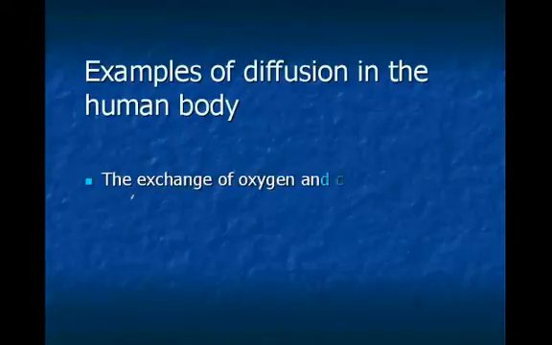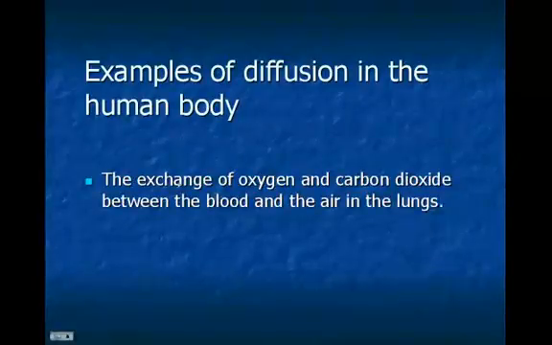So again, let's talk about some examples of diffusion in the human body. When we talk about simple diffusion, I kind of mentioned this. Oxygen and carbon dioxide are two gases that will simply diffuse across membranes. They're going to move right across the membrane, right down their concentration gradient.